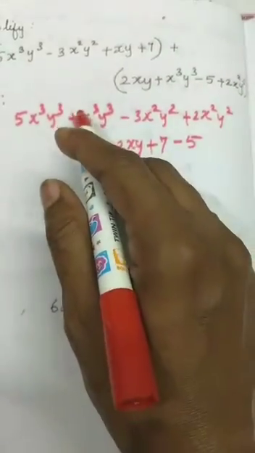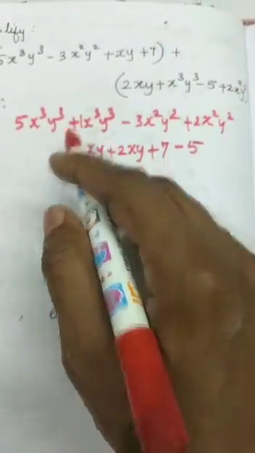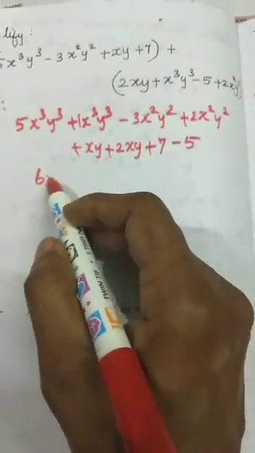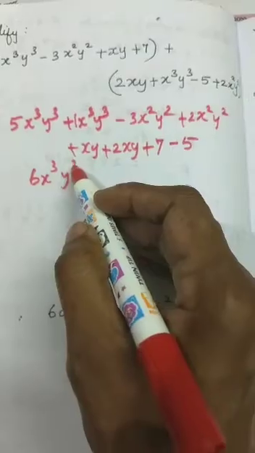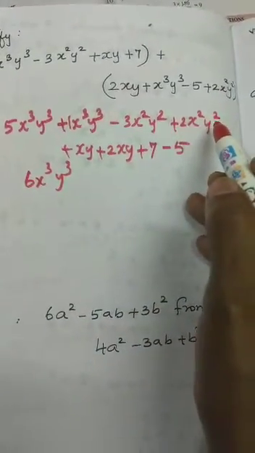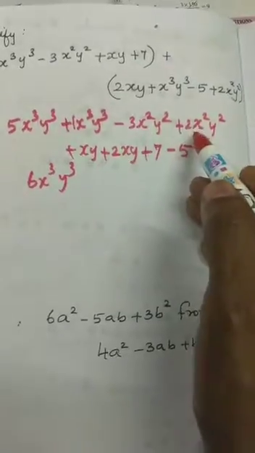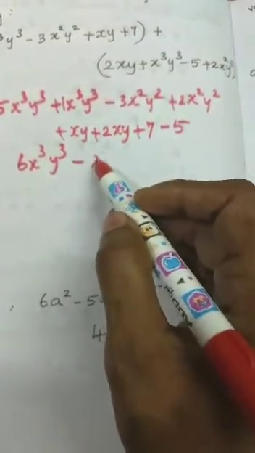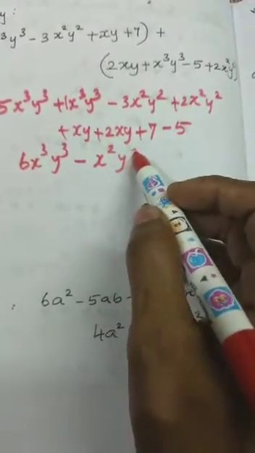Here nothing is written, which means here we have 1. So 5 plus 1, 6x cube y cube, minus 3x square y square plus 2x square y square. 3 minus 2, 1. So bigger number is minus, so minus x square y square.